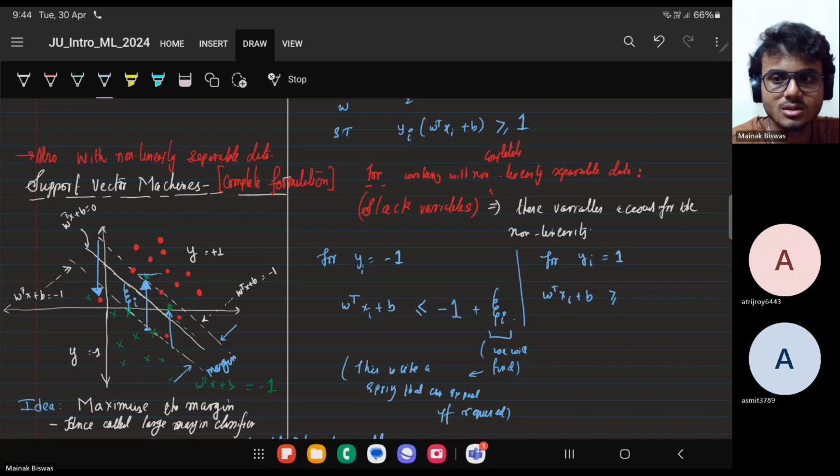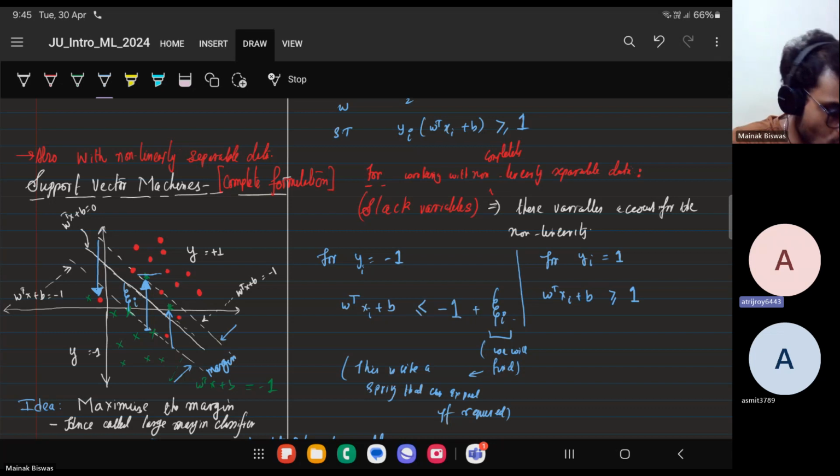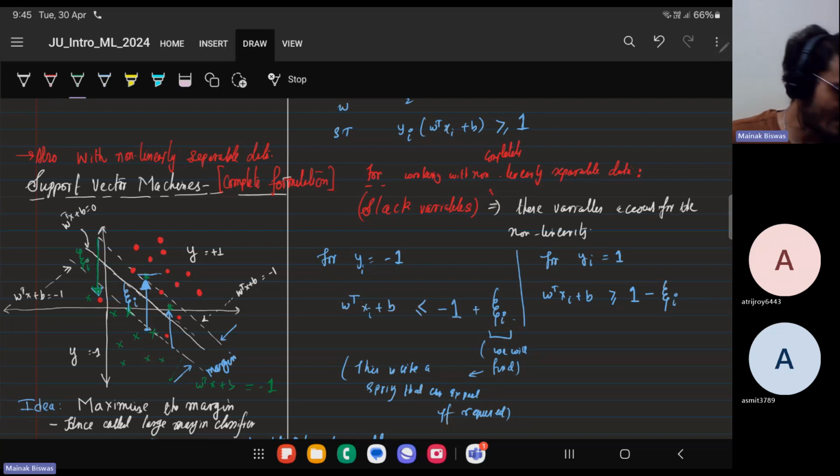I'm not writing epsilon I, I'm writing xi I. And if it is clear to you, tell me what it will be for the positive points. Then 1 minus xi I. Very good. See, in this xi I is negative, so it has to be greater than. So this is for the positive cases and this is for the negative cases.